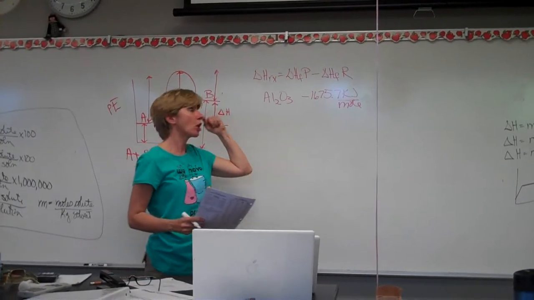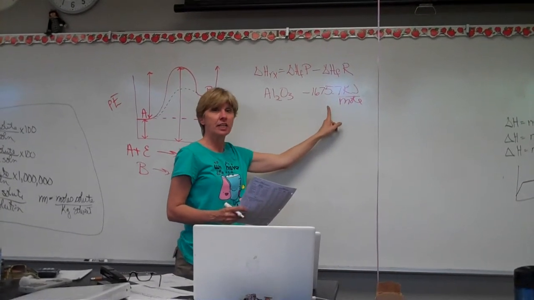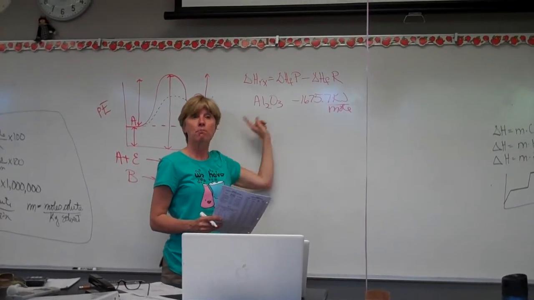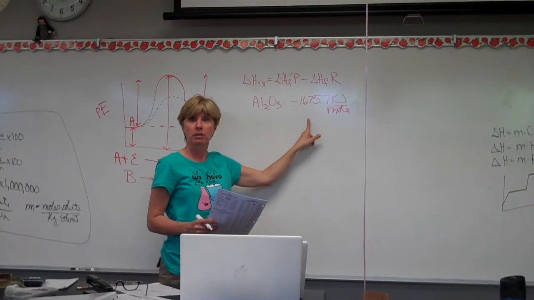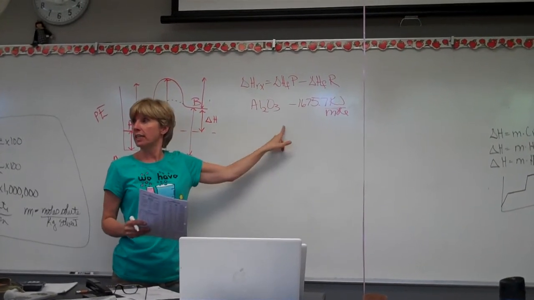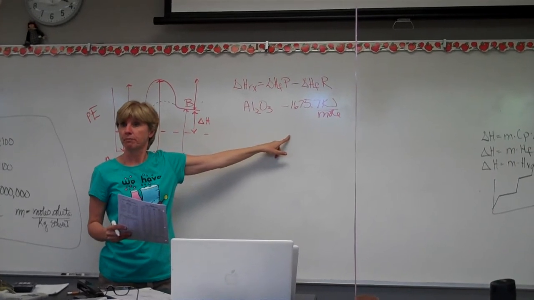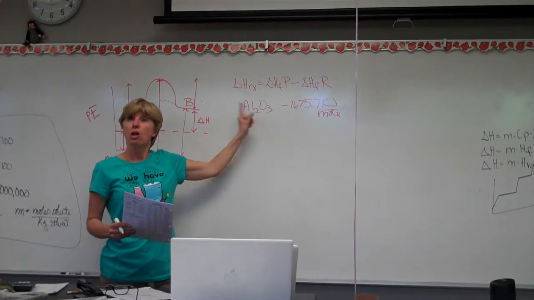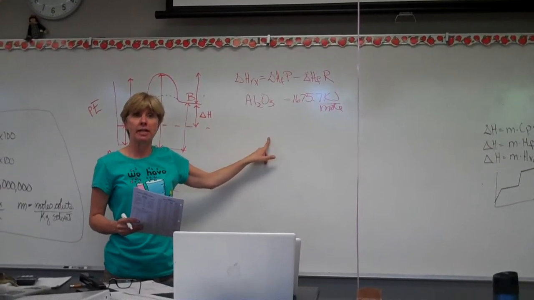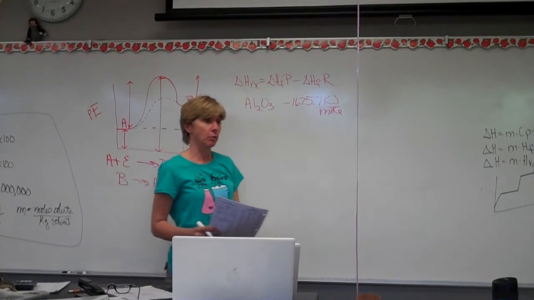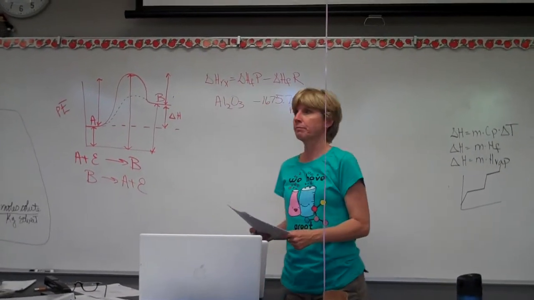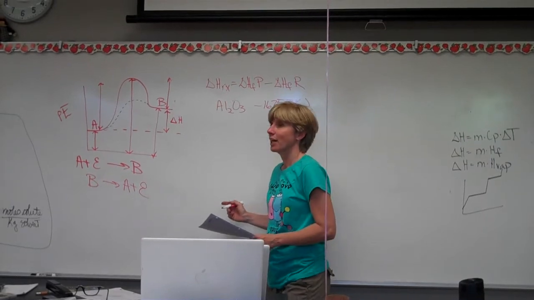Here's the rule. The more negative the heat of formation, the more stable. The more positive the heat of formation, the more unstable. Okay?